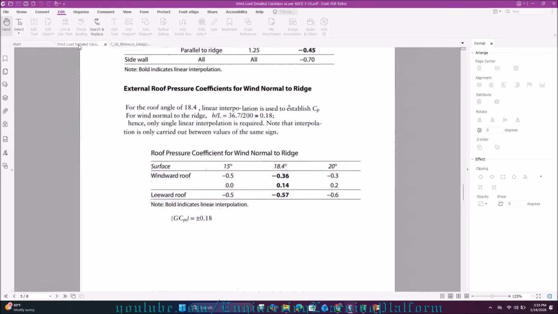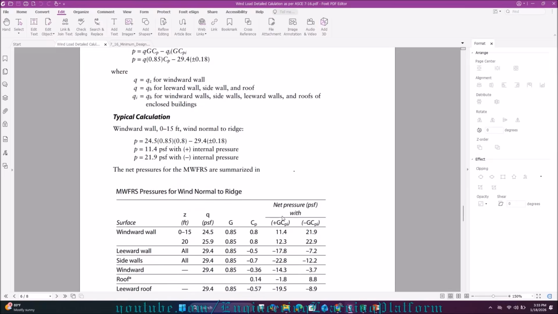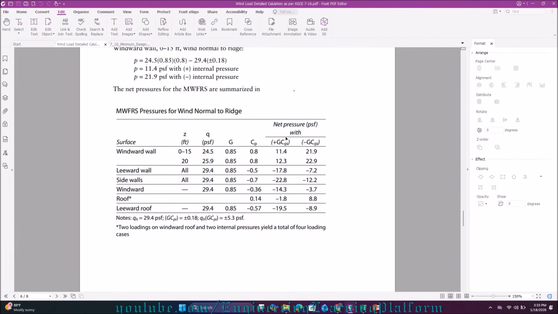Now the important thing you need to see is that for the windward side we are getting two values of external pressure coefficient. What does it mean? Earlier, we were calculating the net pressure with positive external pressure and negative external pressure, two pressure values.